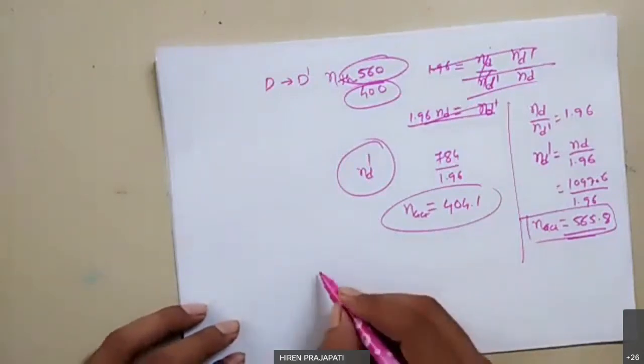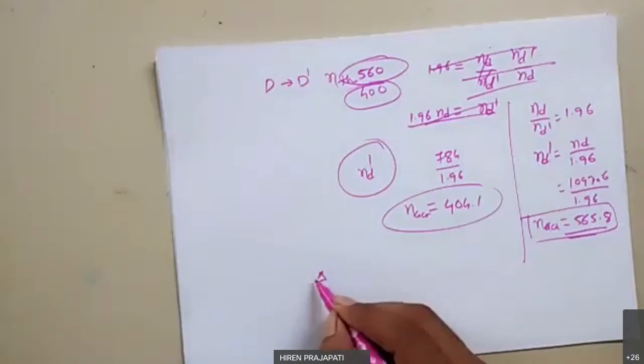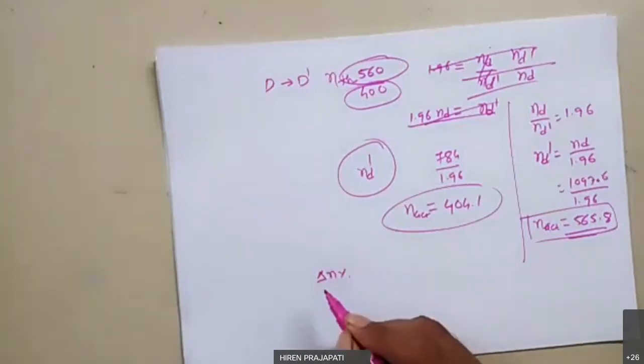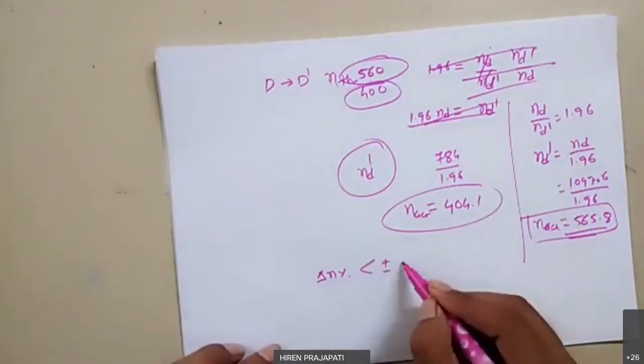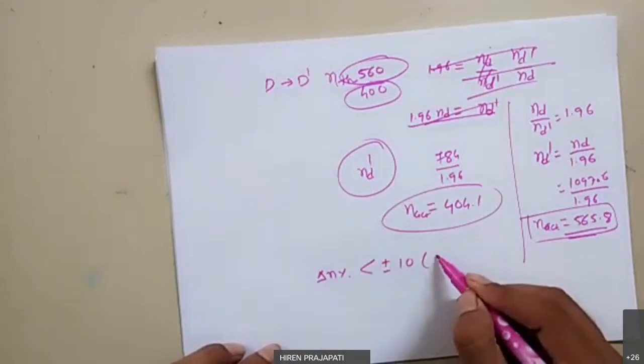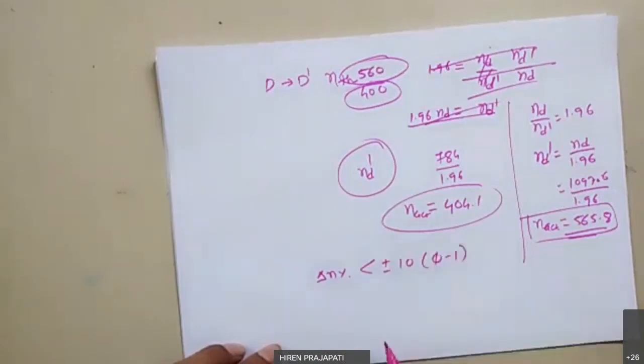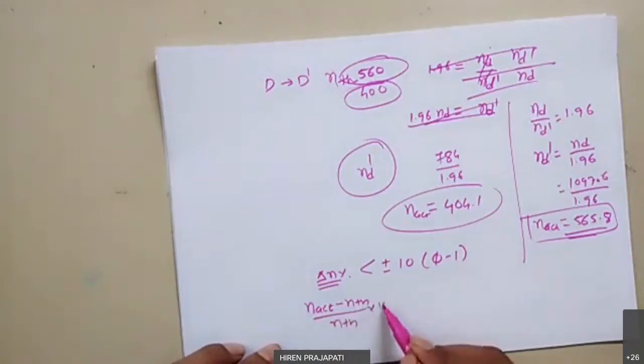The condition is that the delta percentage change in speed should not be more than plus or minus 10 times (phi minus 1), right? So first let us find the percentage change. Percentage change is actual minus theoretical divided by theoretical, into 100, right?